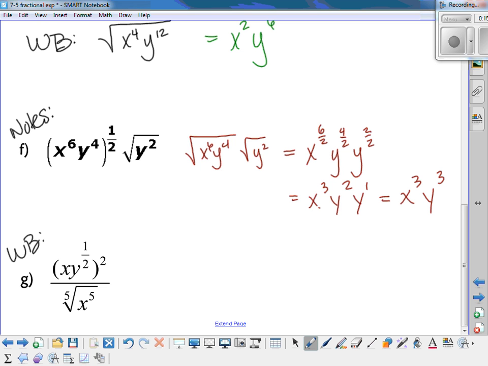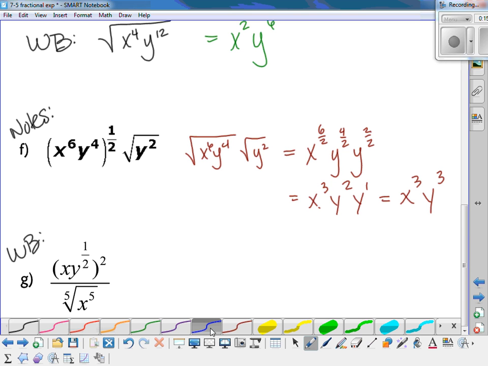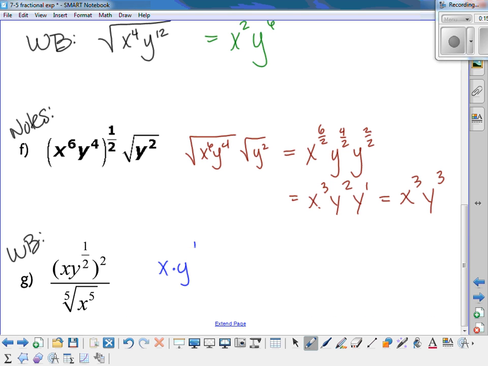Just take care of the top first, and then take care of the bottom. There's a hint for you guys if you're struggling.